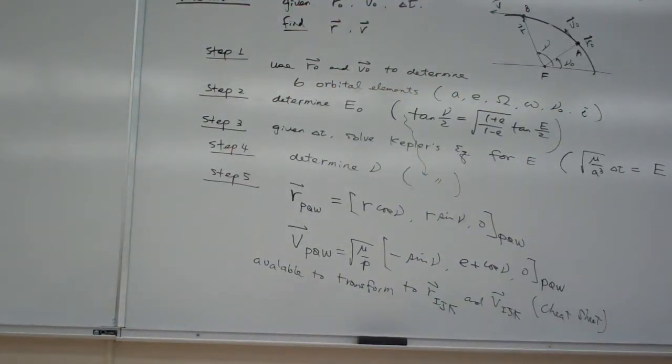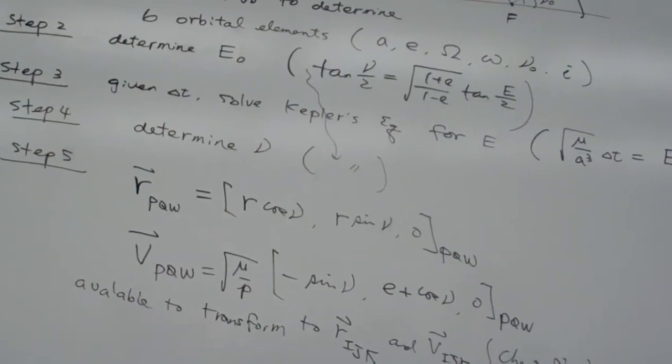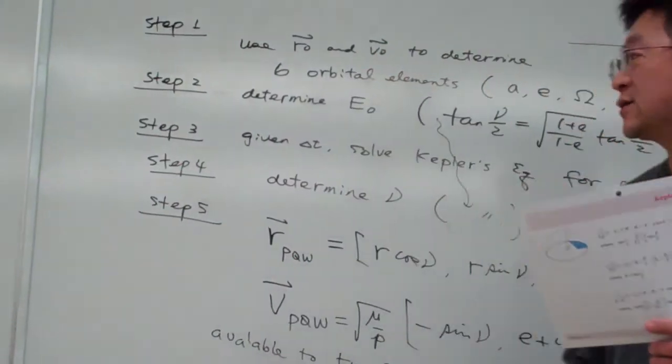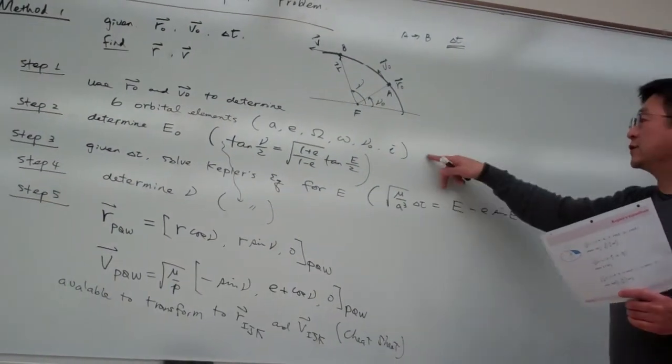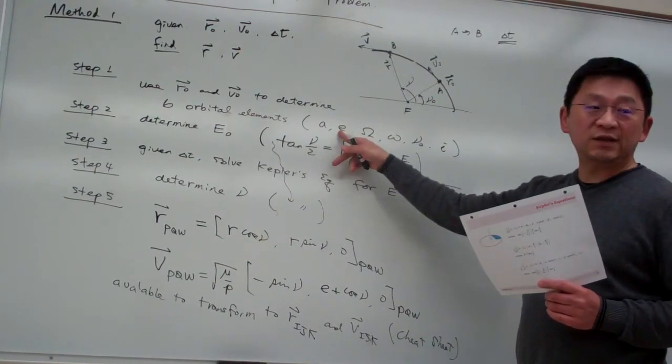So basically this handout is to summarize the whole approach. It really depends on the first step. In the first step, you can determine right away what kind of orbit you are dealing with.